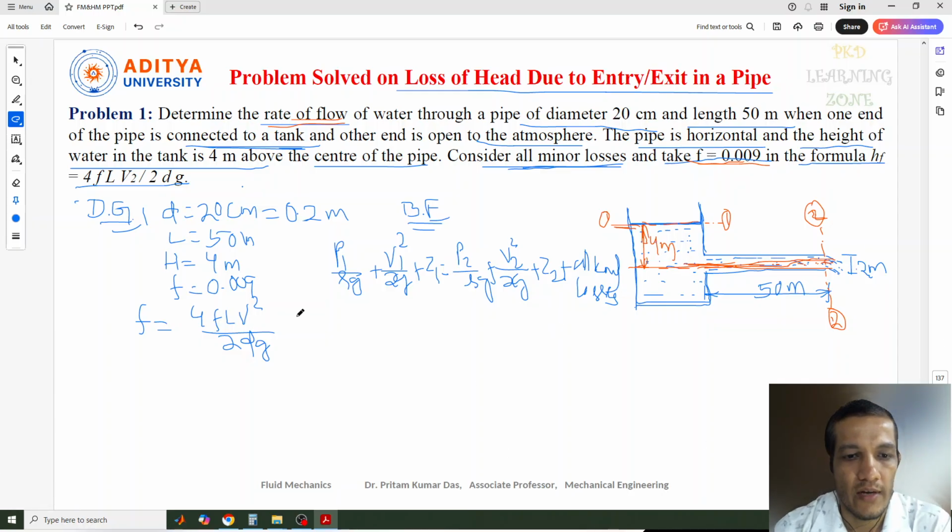Now we can put in the values that are given.